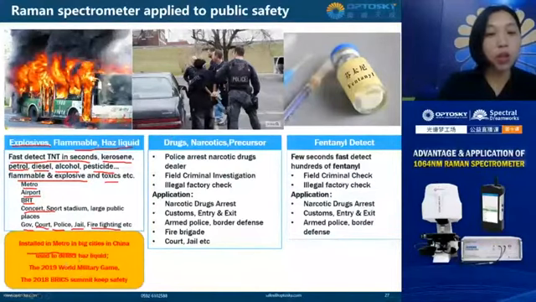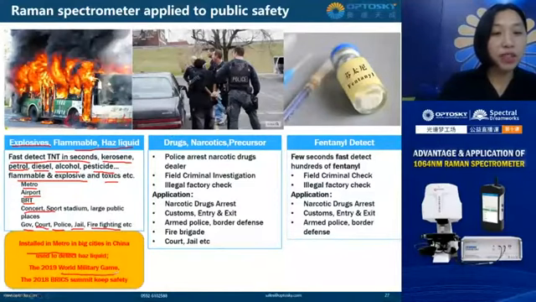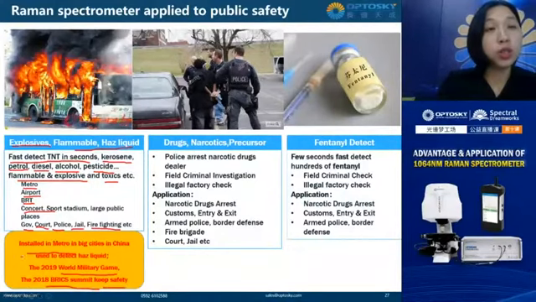And also we have major events; at the Xiamen 2018 BRICS Summit, to keep the safety, they also used opto-sky's Raman spectrometers to identify all these dangerous, hazardous material liquids. And you can see in this picture the police are arresting narcotics drug dealers.